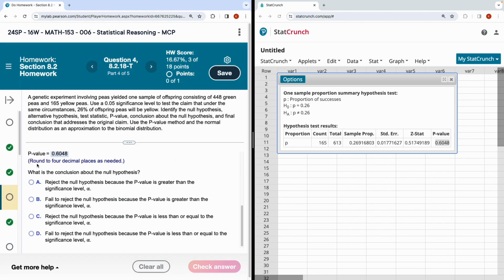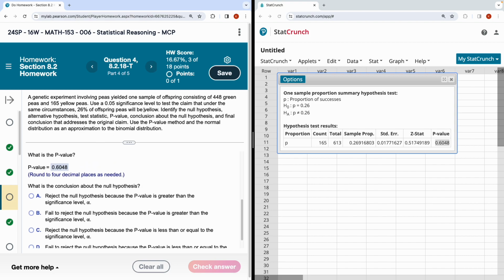All right, so now what is the conclusion about the null hypothesis? Well, we're using a significance level of 0.05. Our p-value is certainly larger than that. This is 0.6048 compared to 0.05, so the p-value is definitely larger. When our p-value is greater than our significance level, we fail to reject.